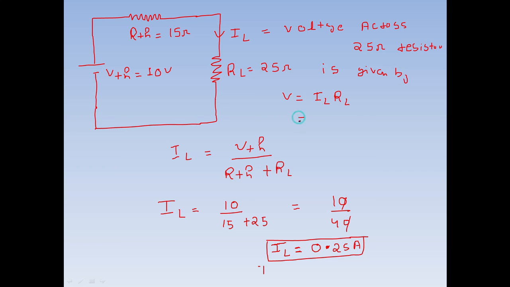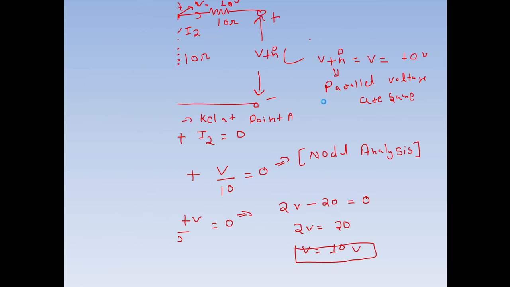IL we have determined, that is 0.25, and RL is given by 25. If you solve it, 25 times 0.25 is 6.25. So 6.25 volt is the voltage across the 25 ohm resistor, and the current across this 25 ohm resistor, IL, is 0.25 ampere. In this way, the required problem is solved.